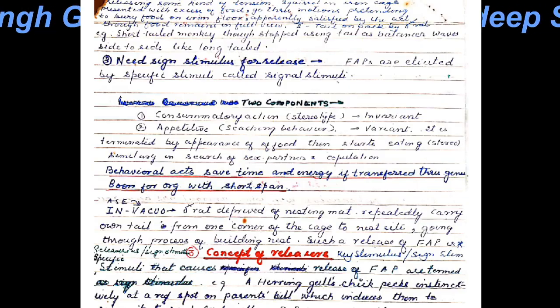Then the second example is egg retrieval behavior shown by the greylag goose. This was found by Konrad Lorenz and Niko Tinbergen. What they found is, when an egg becomes displaced from the nest of the greylag goose, it rolls it back, or tucks it back inside the nest with its bill.